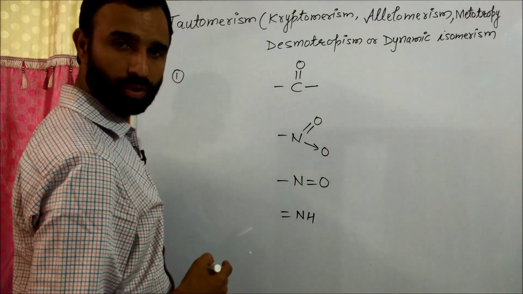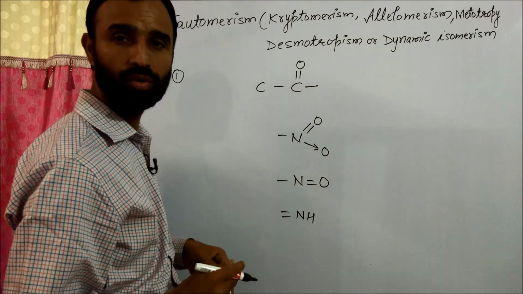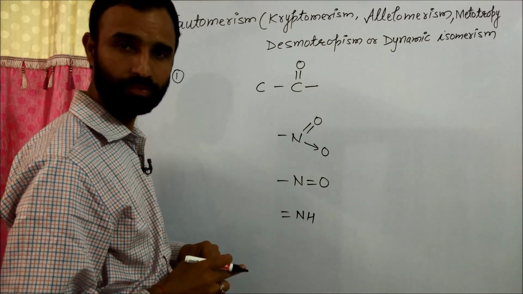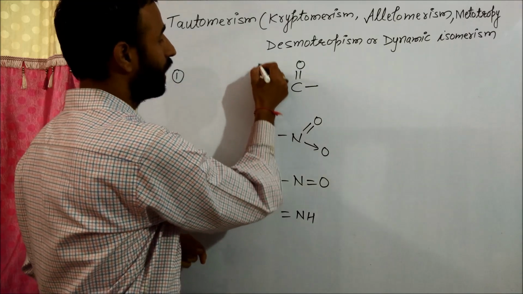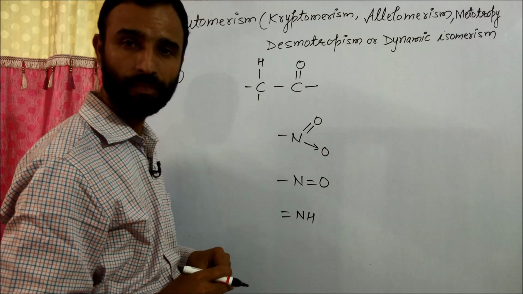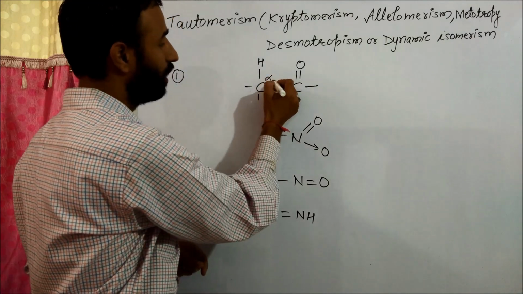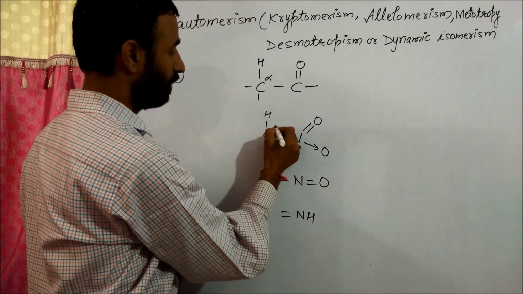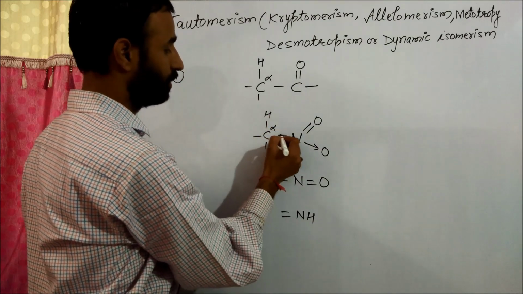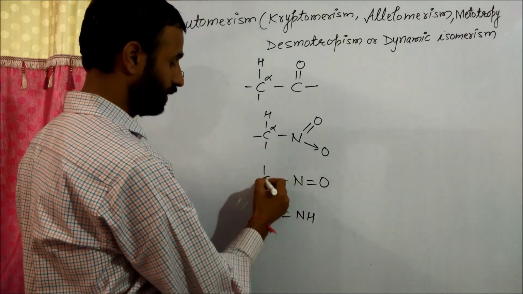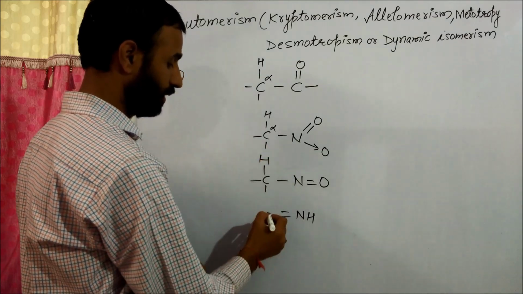This withdrawing group should be attached to a saturated carbon atom which has at least one hydrogen, and that carbon is called alpha carbon. Means the molecule should have alpha hydrogen on a saturated carbon. So this one is the second requirement.